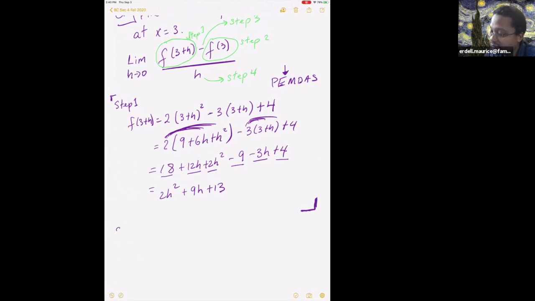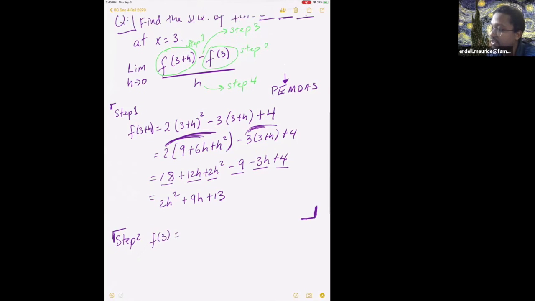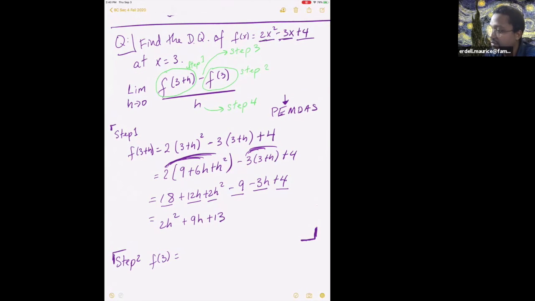Step number 2 is to now find f of 3. I have to plug the 3 into the function up here. So that's going to be 2 times 3 squared minus 3 times 3 plus 4.